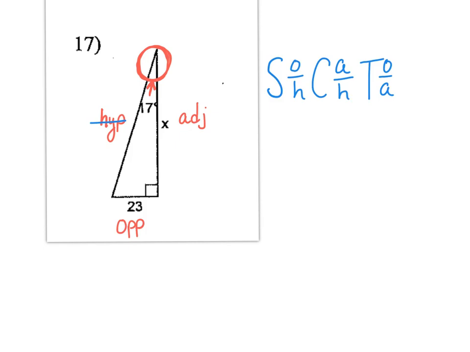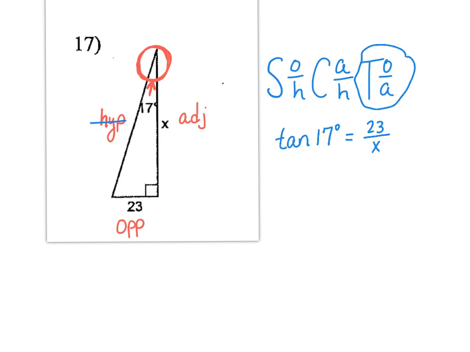Oh, that's the tangent function. So in this problem, we're going to say the tangent of 17 degrees is equal to the side opposite, which is 23 units long, over the side adjacent, which is given to us by the variable x.